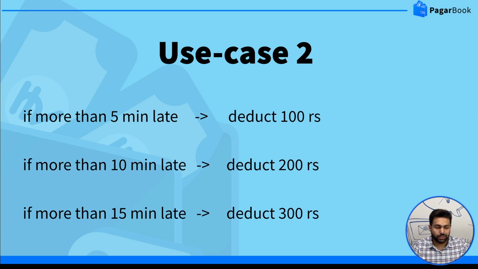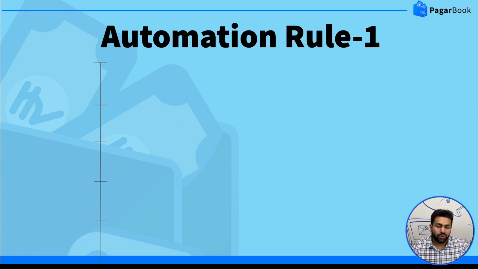So here, as you can see, we have automation rule 1 where there will be an in time. The in time here is 12 am. Then we have a rule for every 5 minutes. I will be mentioning minutes here, and we also have rules. So till 5 minutes there is a grace.